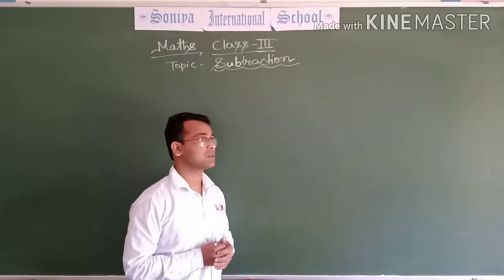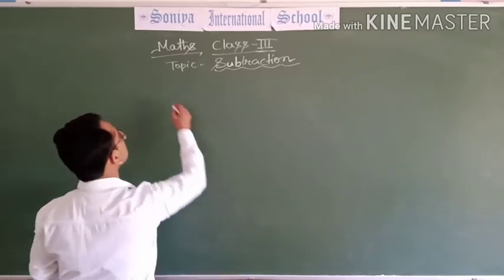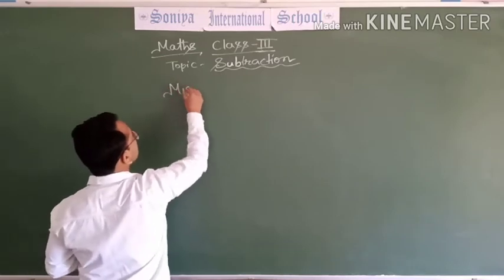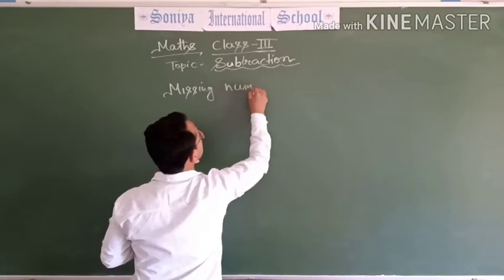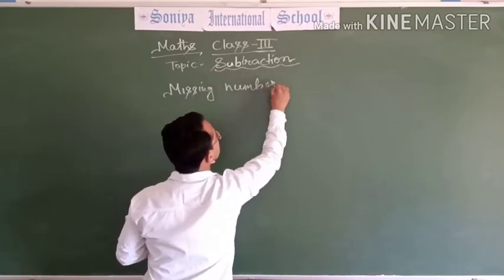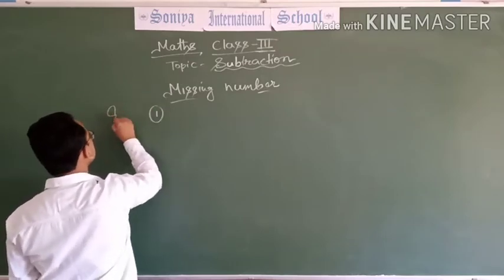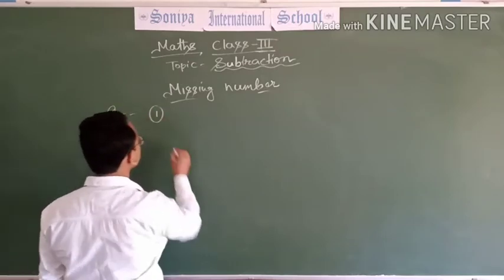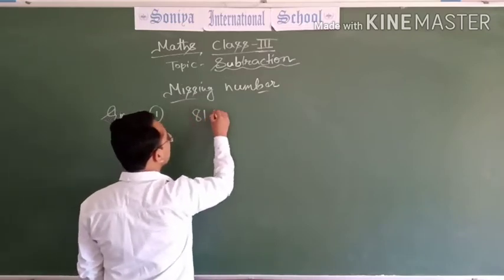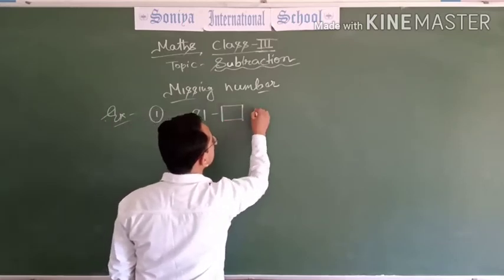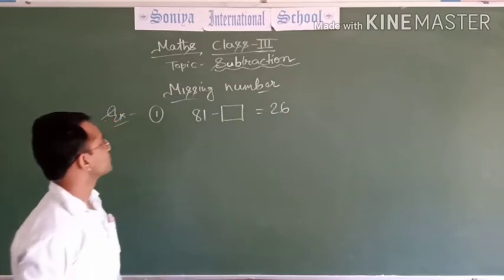Topic: subtraction. Subtopic: missing number. Let's take an example. 81 minus box is equal to 26.